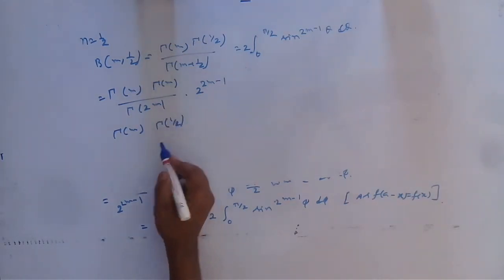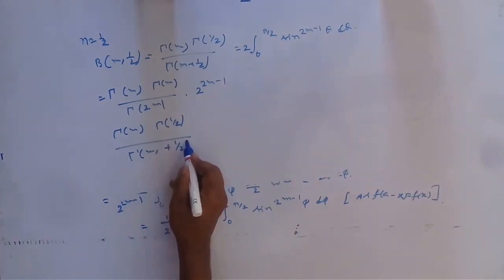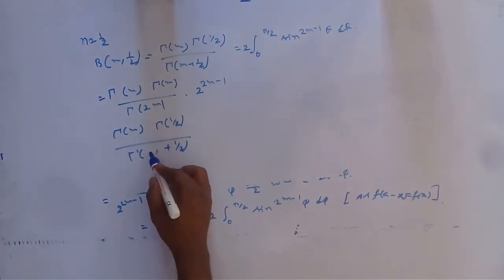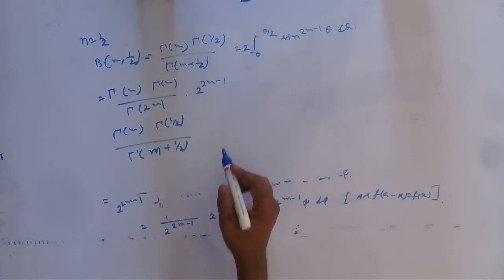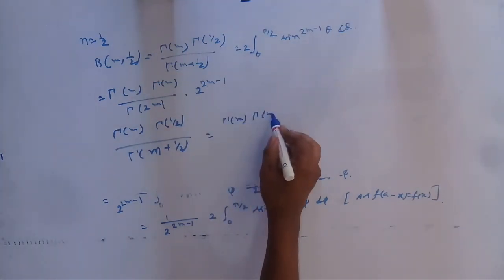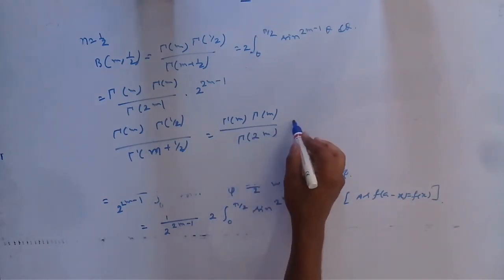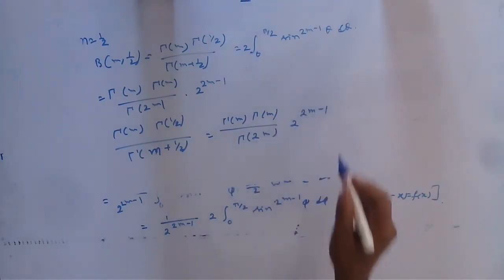by gamma of (m plus half) equal to gamma m by gamma of 2m into 2 to the power 2m minus 1.